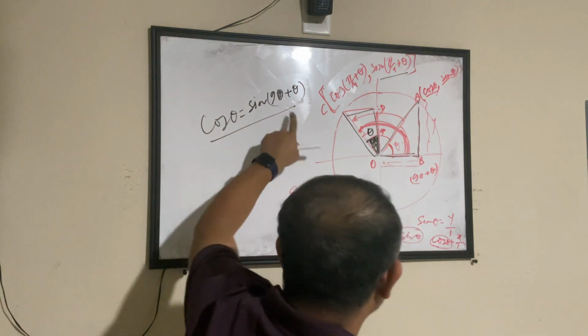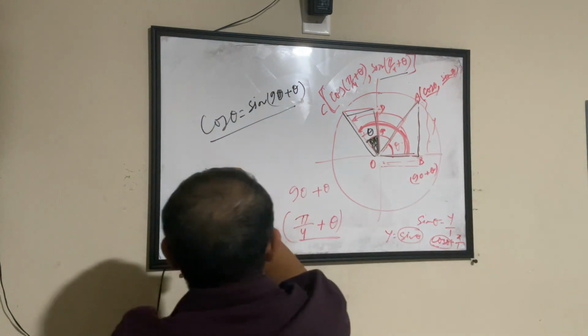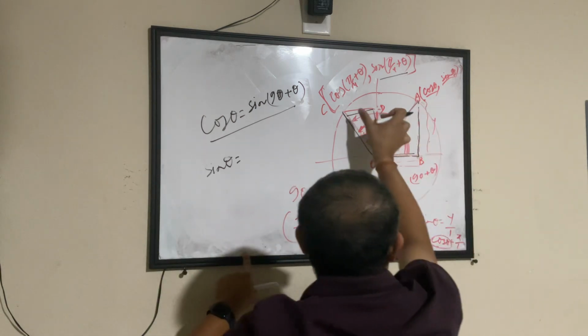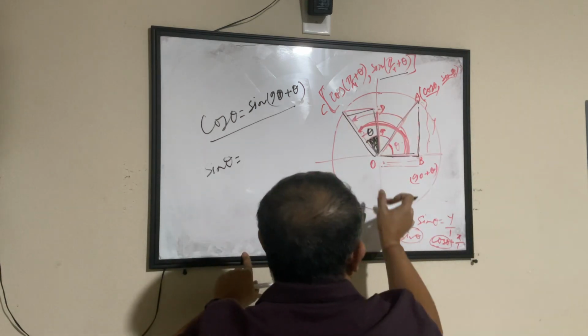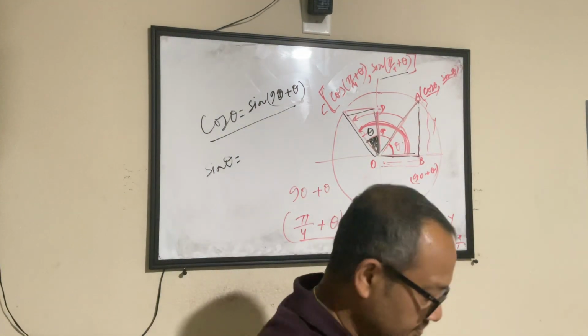Now, same way, if you look at the y coordinate, what was the value for the y coordinate? Sine theta. This became the x coordinate here now. So that equals this, just the absolute value if you look at it.